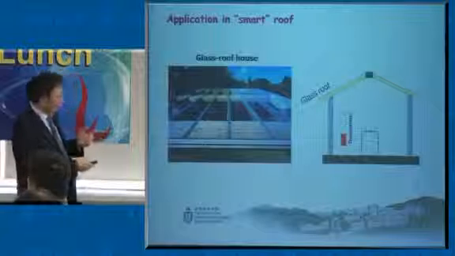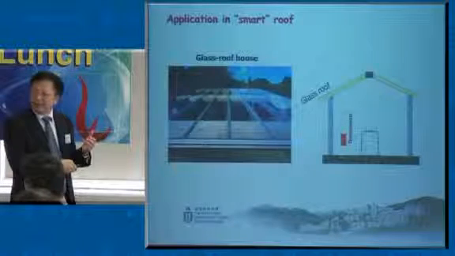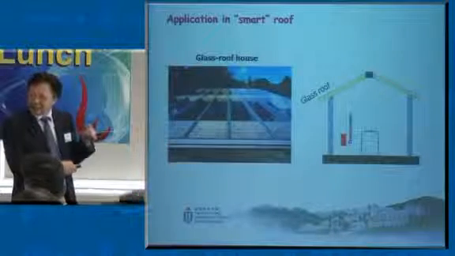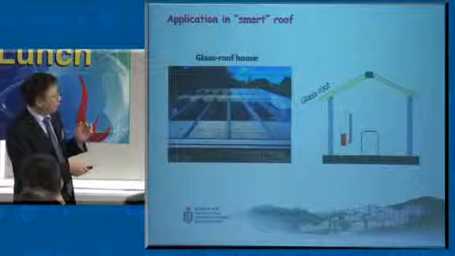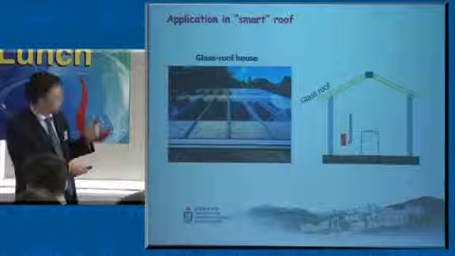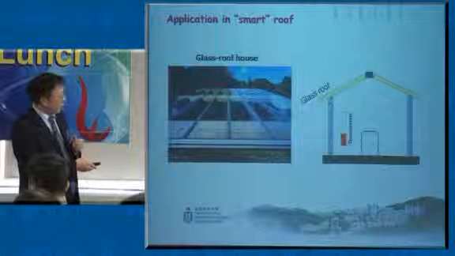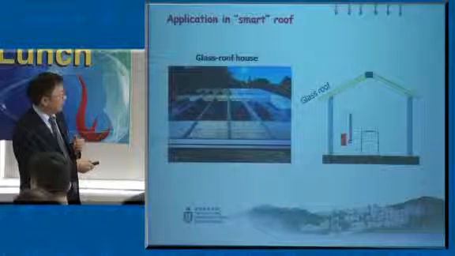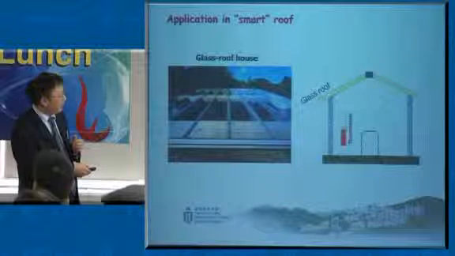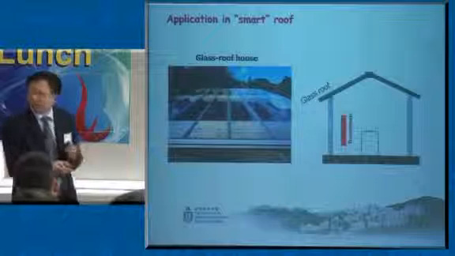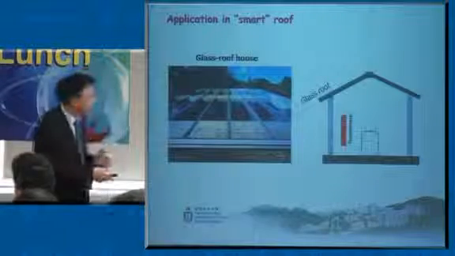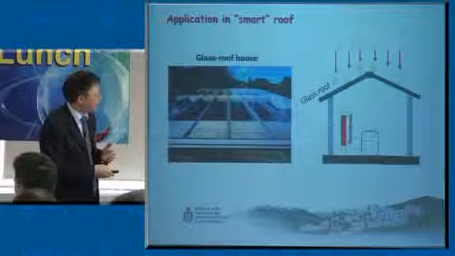However, if you inject our smart polymer into the glass, it changes totally. Here is a glass roof with smart polymers. When the sun comes in and the inside temperature increases, the smart polymer turns white and opaque, totally reflecting the sun.